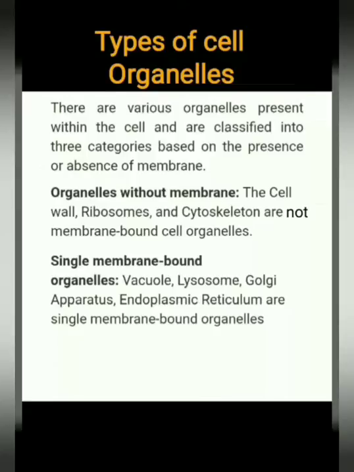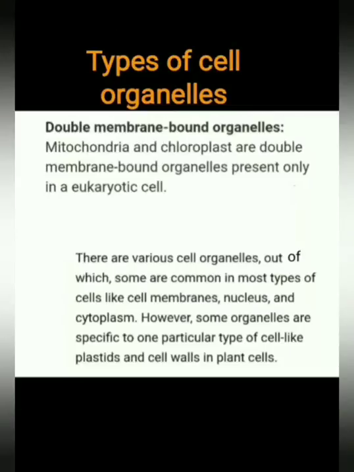The cell organelles without membrane are ribosome, cytoskeleton, etc. The single membrane bound organelles are vacuoles, lysosome, etc. And the double membrane bound organelles are mitochondria and chloroplast, which are found only in an eukaryotic cell.